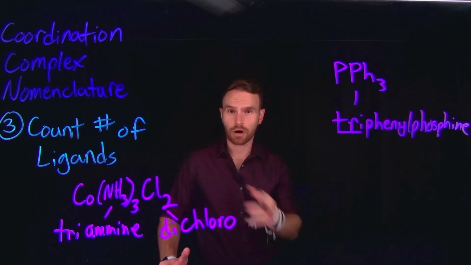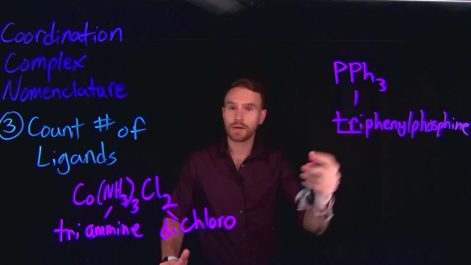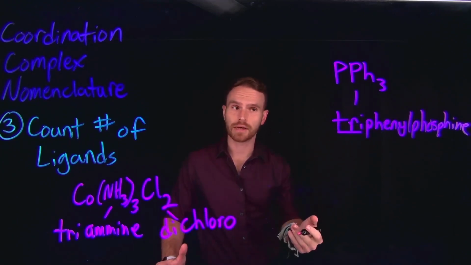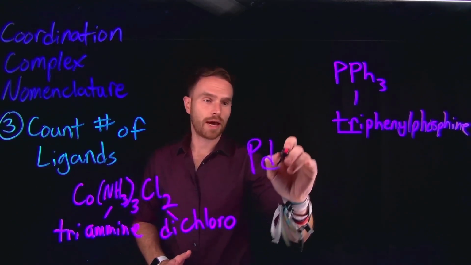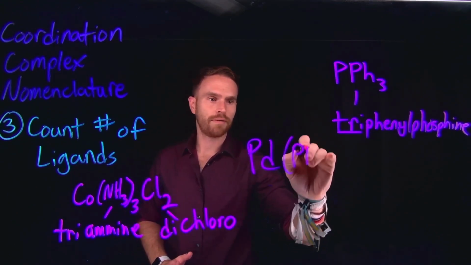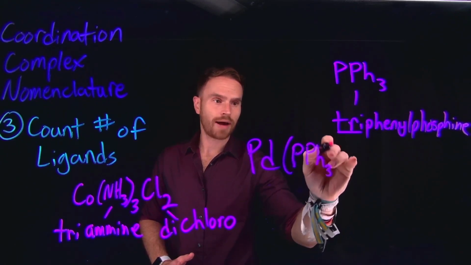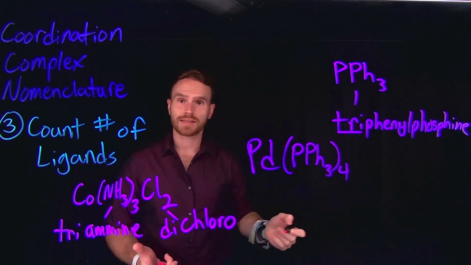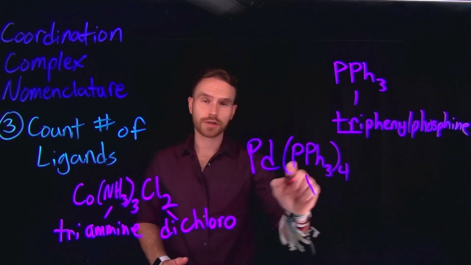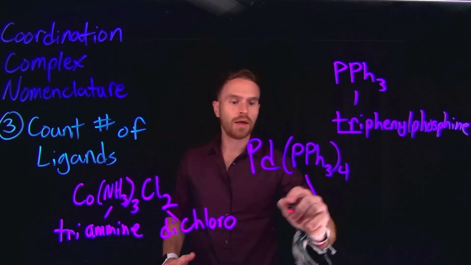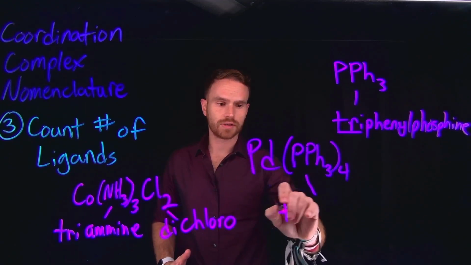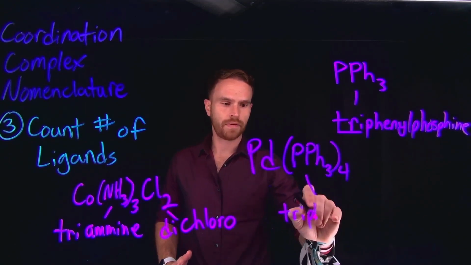And we mentioned on the last step that you need to include the Greek prefix if it's in the name of the ligand. So what would we do then if, for example, we had palladium with 4 triphenylphosphine ligands attached to it? We actually need to switch the prefix or add an additional prefix. So we are still going to call this triphenylphosphine.